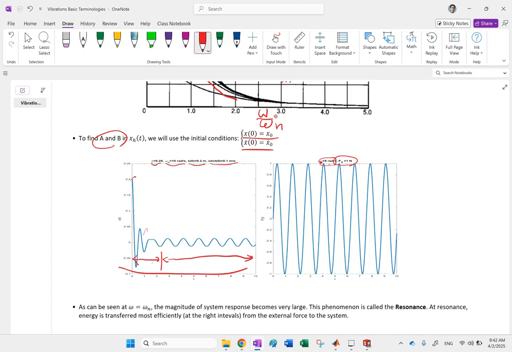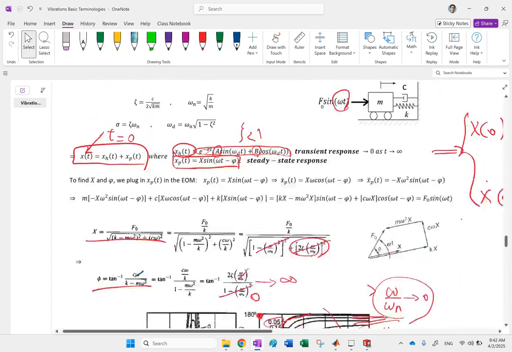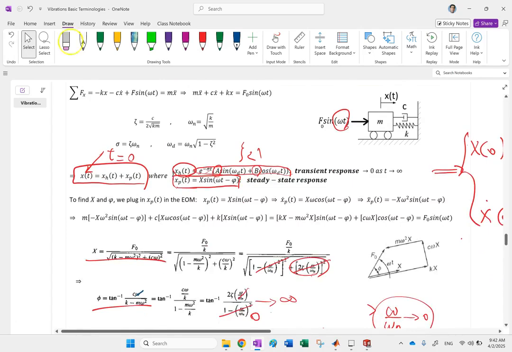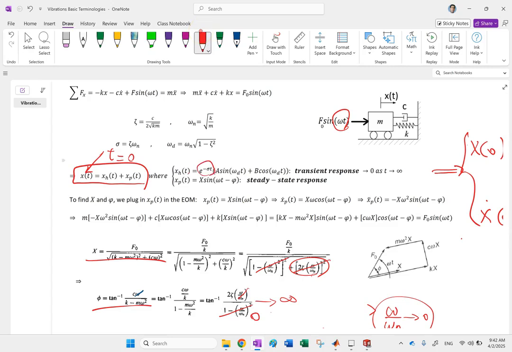Well, in this time, the transient solution or the homogeneous solution goes to 0 because it has a negative exponential. As time gets bigger, this homogeneous solution will go to 0, whether it's underdamped, overdamped, or critically damped, because they all have negative exponentials.